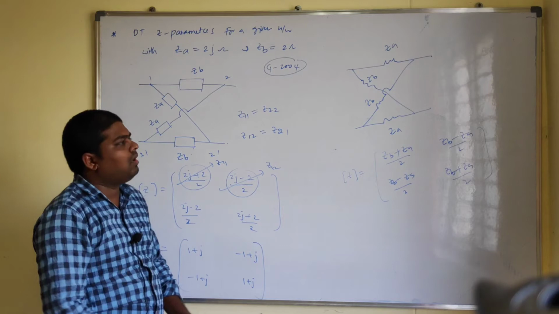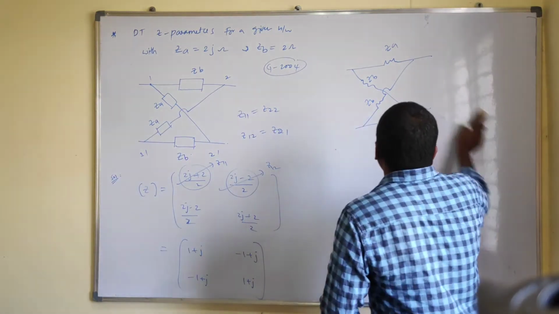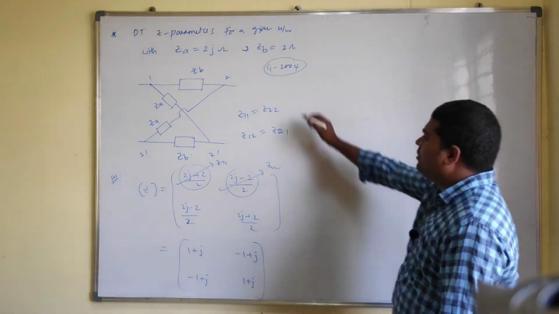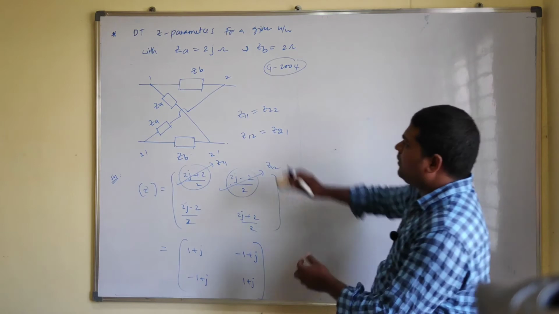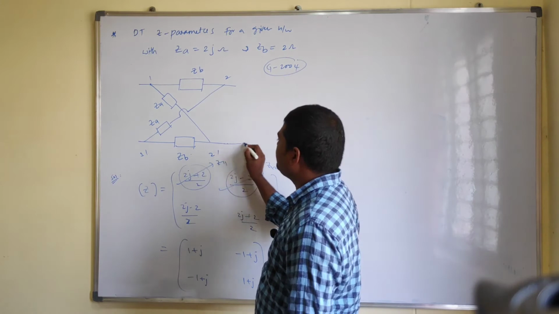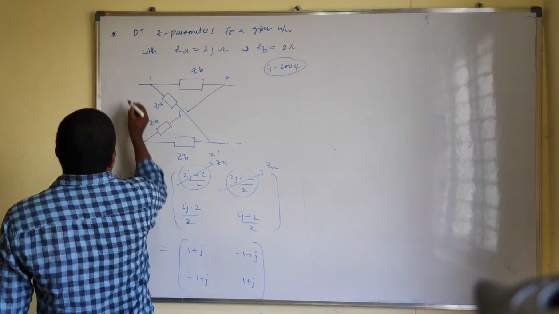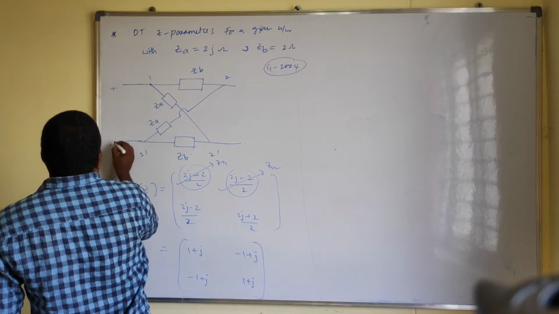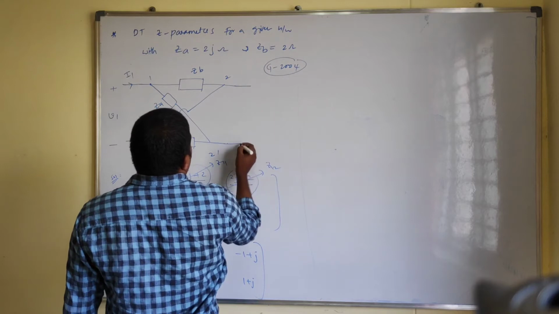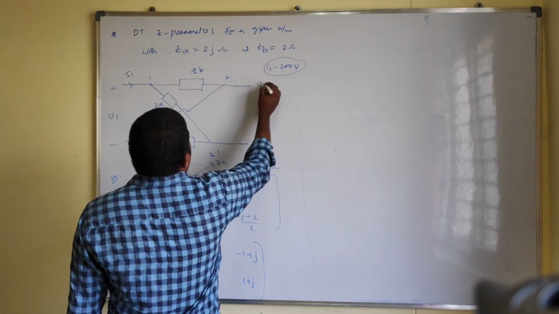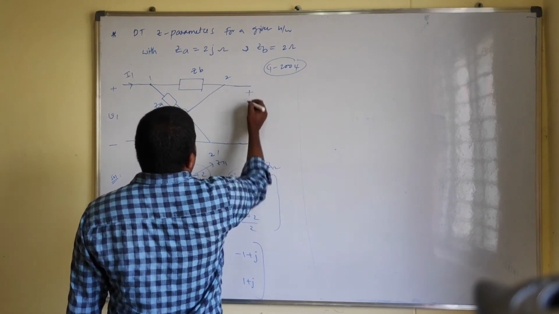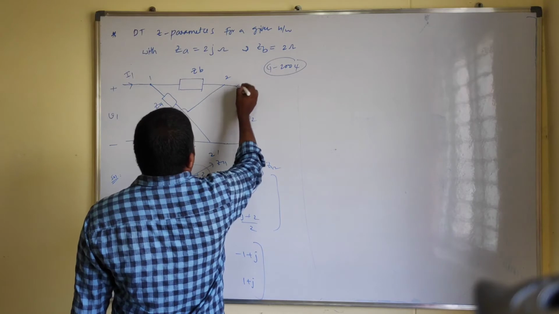And one more way: same thing you can calculate in a different way. Now observe this network. Here I am indicating variables V1 and I1, and here plus minus V2 and I2.